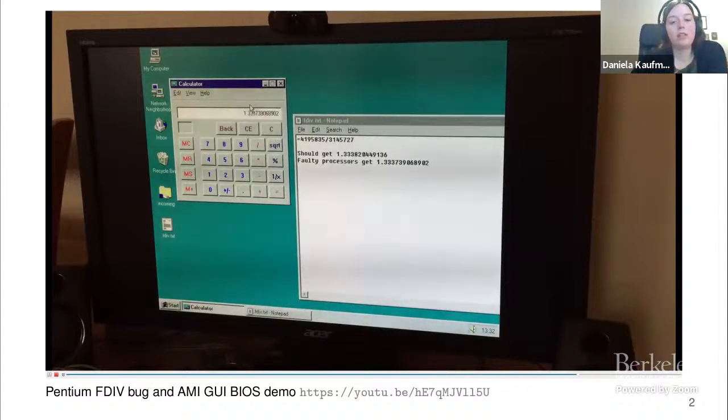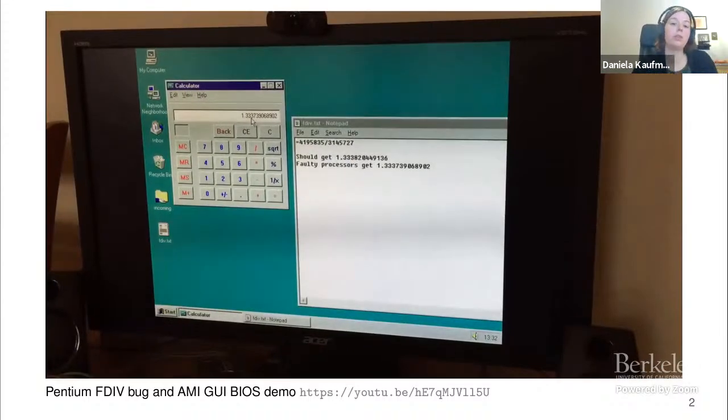And what we see right now is that the solution is actually different. Instead of the 1.3338 which we got previously, we now get a different result, namely 1.3337.